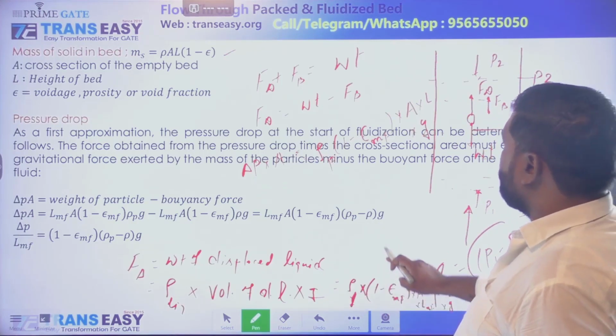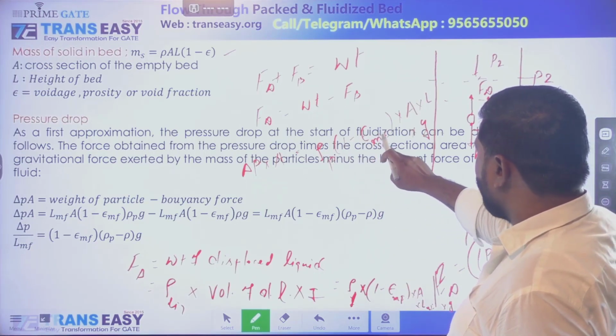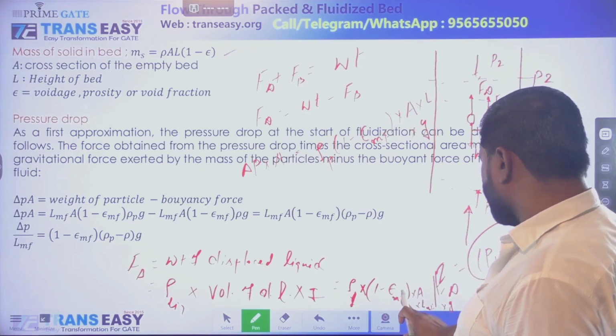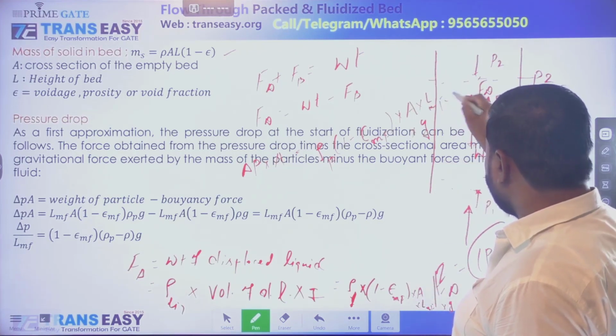So this is the buoyancy force. Look here: density of the particle, 1 minus epsilon mf, A, L mf, g; density of fluid, 1 minus epsilon mf, A, L mf, into g.